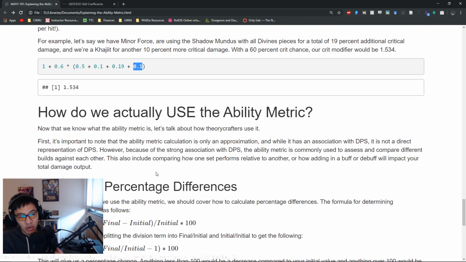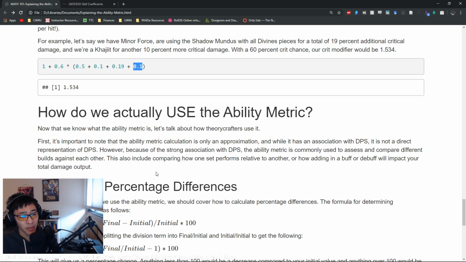So now that you have your ability metric, what can you do with it? Well, the first thing I want to point out is that this is only an approximation of the actual in-game value, and while it has an association with overall damage, it shouldn't be used as a direct representation of DPS. I often say that it is a proxy for DPS, and that's basically what you should be using it for.